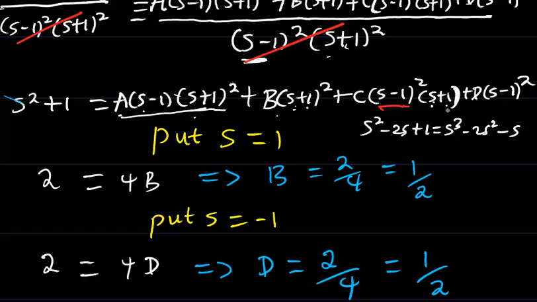Use 1 to multiply. 1 into x squared is x squared. 1 into minus 2x is minus 2x. 1 into 1 is 1. Of course, collecting like terms.